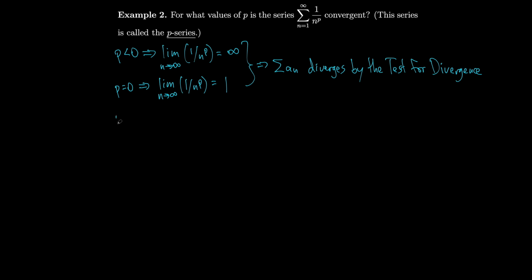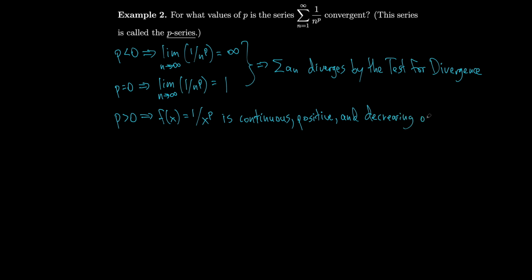How about we see positive values of p? So if p is positive, then we're going to look at the matching or corresponding function 1 over x to the p. And that's continuous, positive, and decreasing along our interval from 1 to infinity.